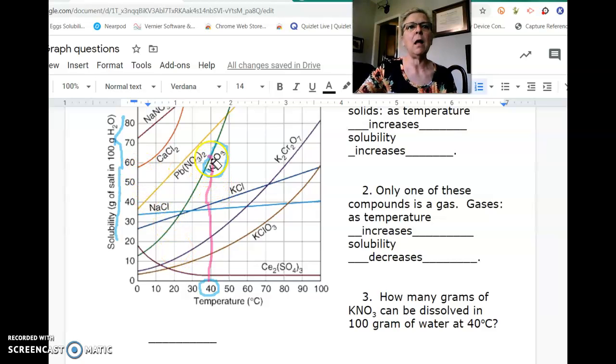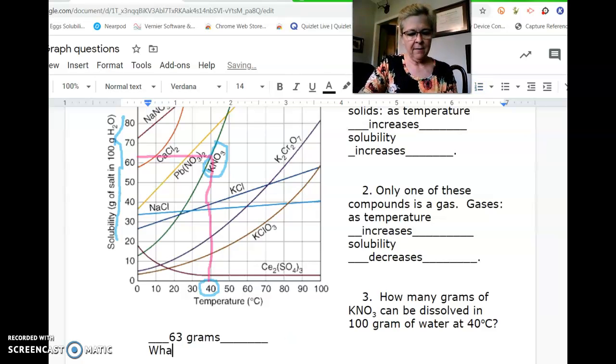Then I am going to read across to where that occurs on the solubility y-axis, and through a little bit of estimation I can figure out what that is. It's a little bit below halfway between 60 and 70, so I'm going to guess that that is somewhere around 63 grams.